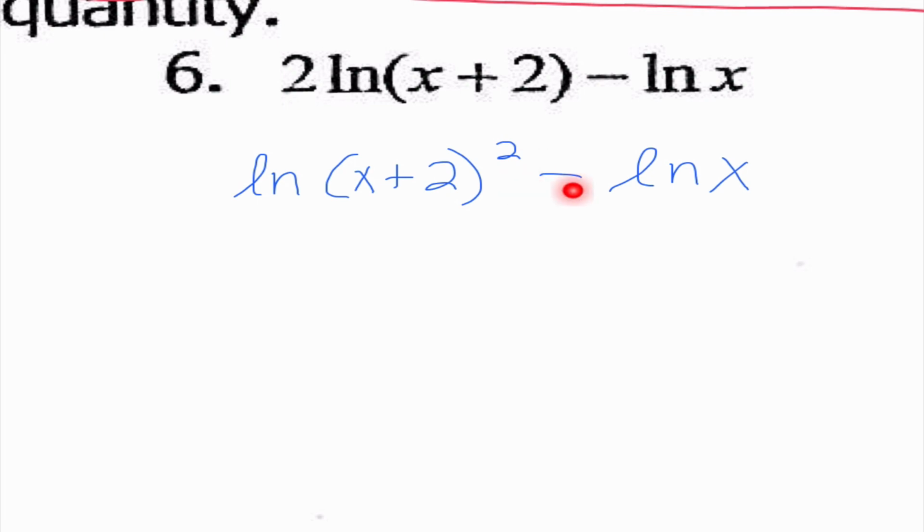Now, I need to change this subtraction into division. Now, I want to keep in mind the reason why on 5 and 6 we could condense is because both of these logarithms have the same base. So here I have ln of x plus 2 squared divided by x because we know subtraction leads to division.